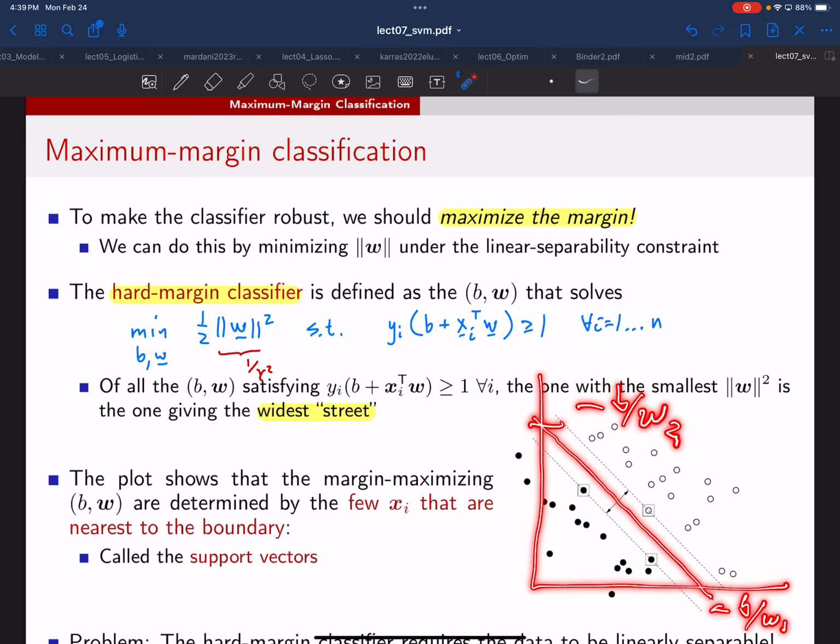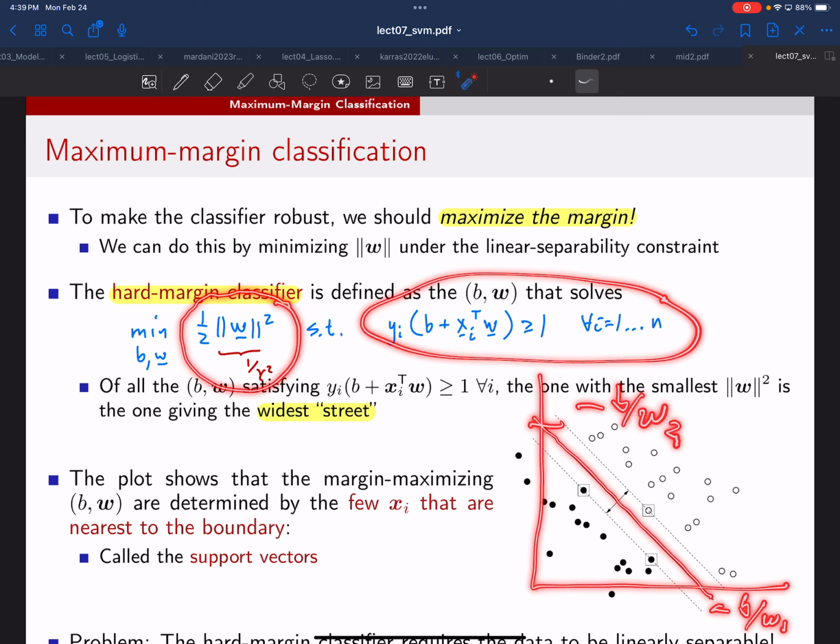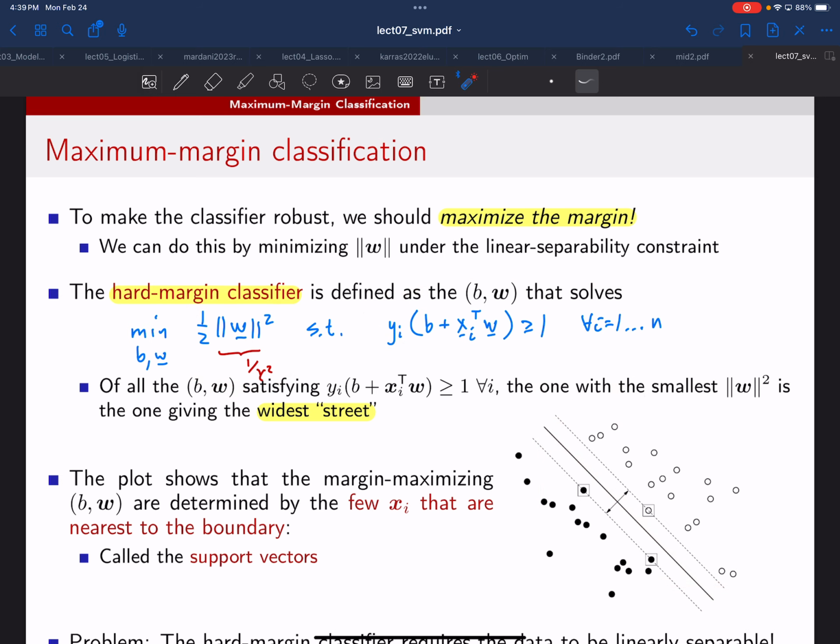So I could scale W and B together, and this part won't change, still be linearly separable, but as I scale W, this part does change. So essentially there's some sort of balance between both the angle, the position of the linearly separating hyperplane, as well as the actual coefficients that try to maximize or actually minimize this term here.